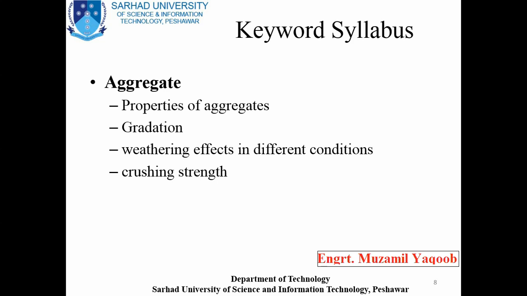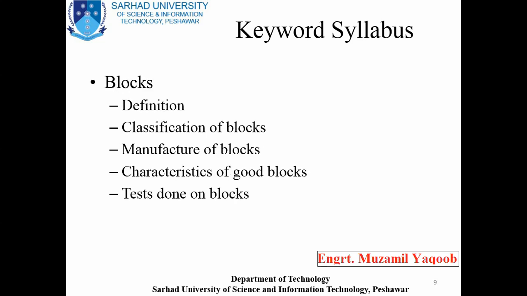After that, grading of aggregates. It means distribution of particles according to their sizes. Then we will discuss how weathering puts effects on the properties of aggregates in different conditions. So these are about aggregates.